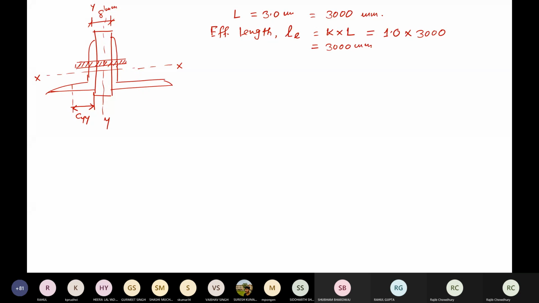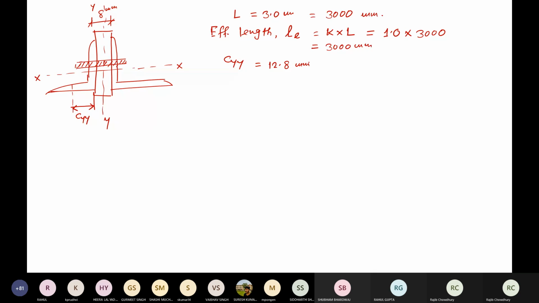Right. Now what is your CUYY value? CUYY value, RXX, RYY, everything: the radius of gyration about XX, about YY, and the centroidal location of each of the angles. Let me just write it down.